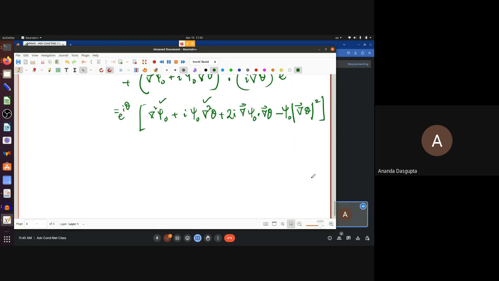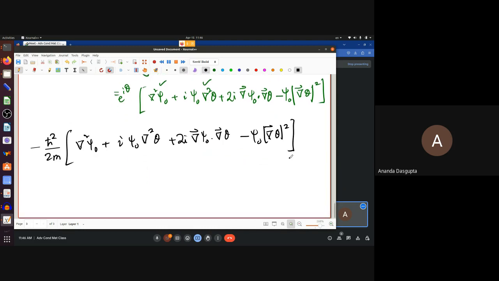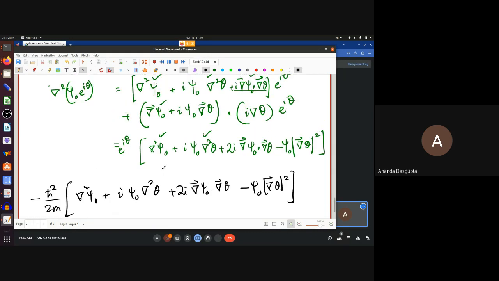So now, when you have both these things calculated, you can put them together and write minus h cross squared by twice m, Laplacian psi 0 plus i psi 0 Laplacian theta plus twice i grad psi 0 dot grad theta minus psi 0 grad theta squared, plus mu psi 0 equals i h cross time derivative of this.